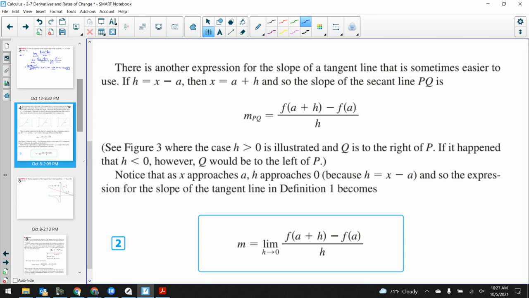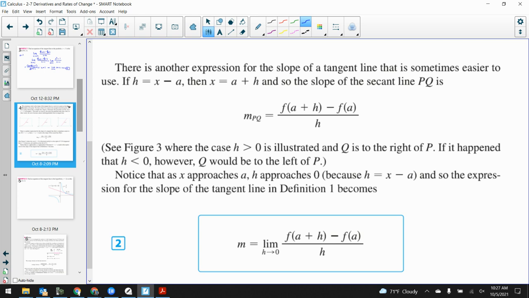Okay, so what we're going to do here is we're going to bring in a new variable. We're going to bring in h. And you know what h is going to be? H is going to be the difference of x to a. Well, what do you want to happen with x and a? You want them to be the same thing, right? You want x and a because I'm really going to evaluate the limit as x goes to a, right?